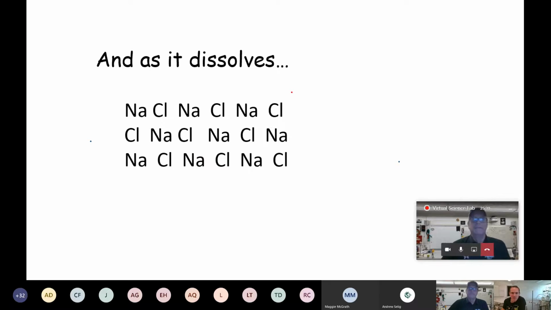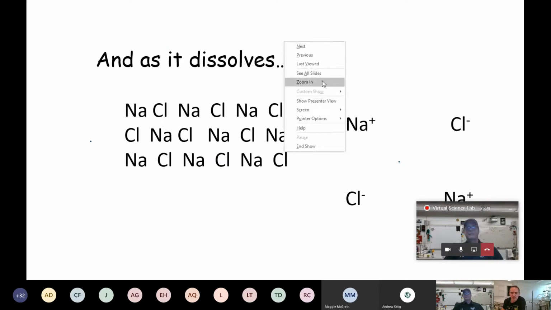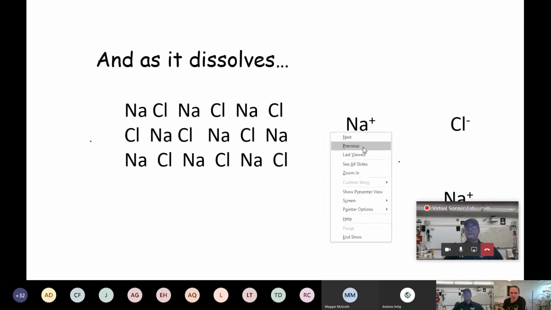Now, when something dissolves, back up for a second, it's actually going to separate. In this particular case, the sodium chloride is going to separate into sodium ions and chloride ions, and they're going to be surrounded by water molecules.